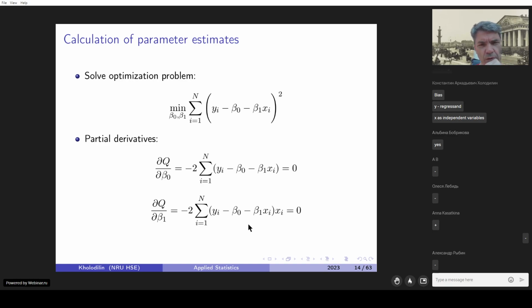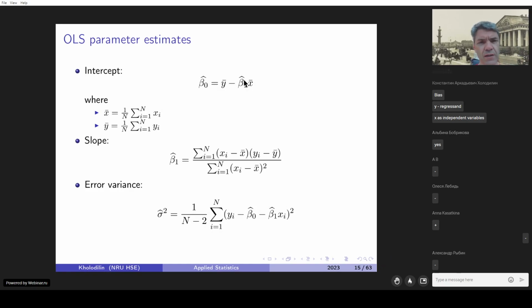I won't go into much detail. In the end, what you get is the expression for the intercept: the mean of y minus the mean of x times the estimate of beta 1. Now the question is, how do we obtain this estimate for beta 1? That's the expression here. It's very similar to the correlation coefficient.